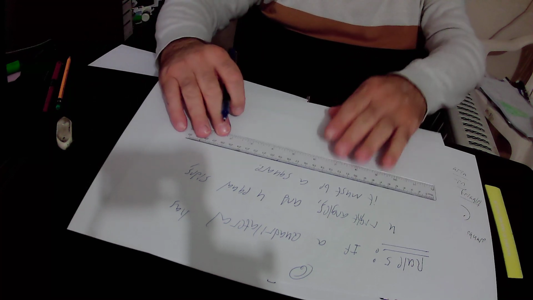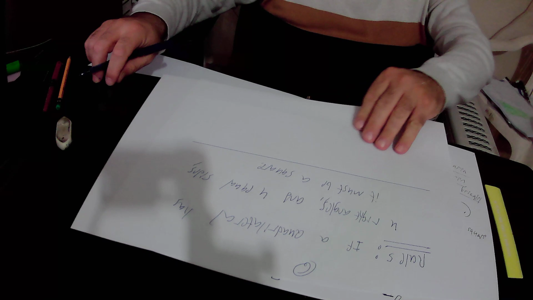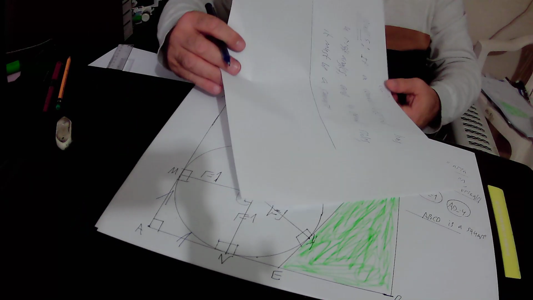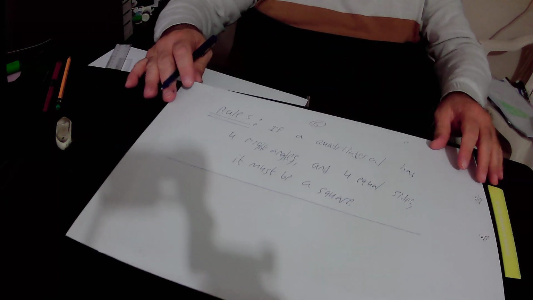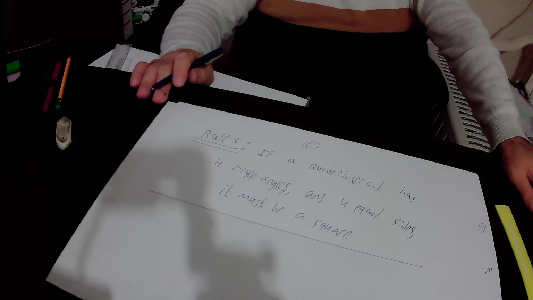I will read rule number 5 again. According to rule number 5, if a quadrilateral has 4 right angles and 4 equal sides, it must be a square.